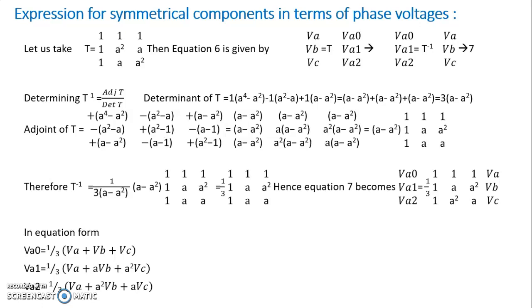So to make it a minus a square, I will multiply a into a minus a square. If I do a into a square, a cube is nothing but 1, so you will get the same form, and I have replaced it.